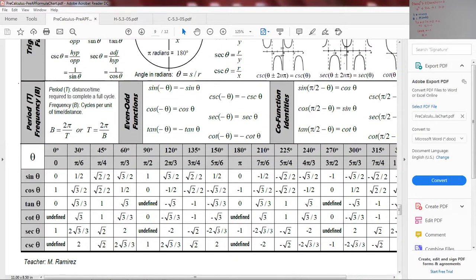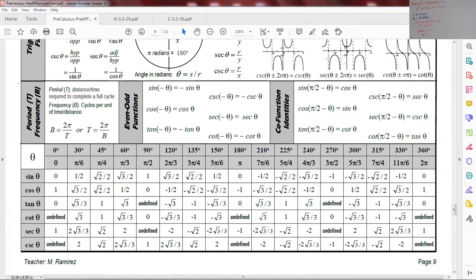Here you can see for what angles the cosine is negative 1. Here is pi. You see?